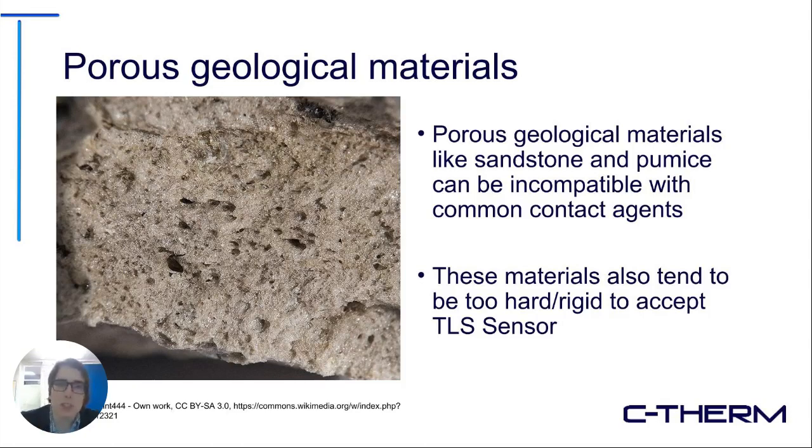But if you wanted to measure their effective thermal conductivity in a dry condition, that can be inconvenient or difficult. These materials tend to be too hard and rigid to accept a TLS sensor, which would usually be your other option if you're looking at a material that is incompatible with contact agents. So the flexibility of the Flex TPS sensor really comes in handy for dealing with these kinds of materials.